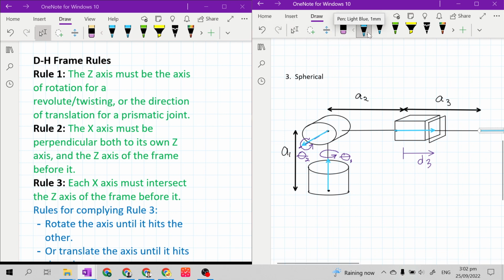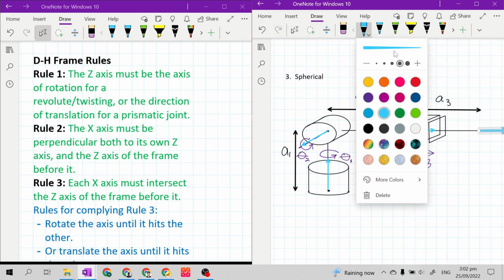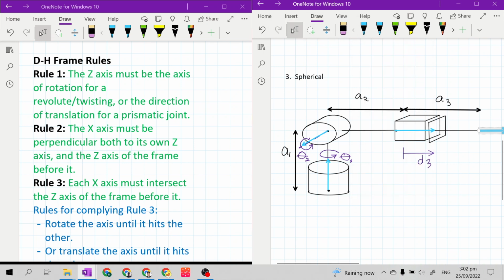Now, let's change the thickness of our z-axis so we will be able to see it better. Okay, so let's put the labels of our axis.